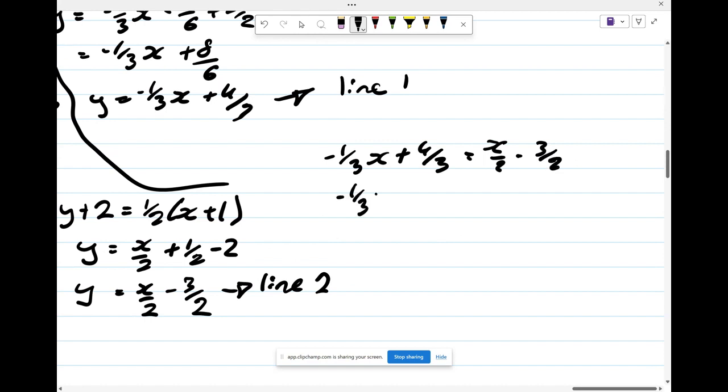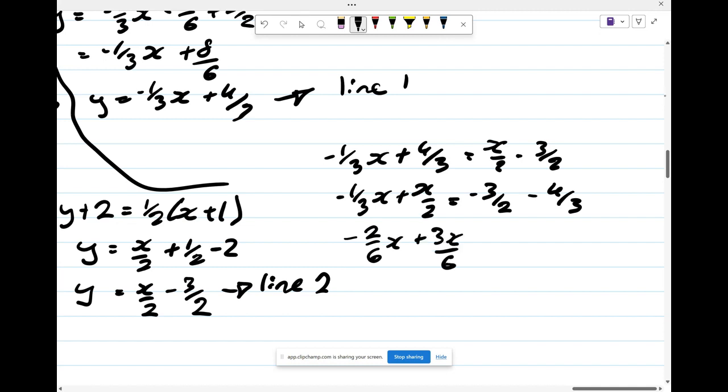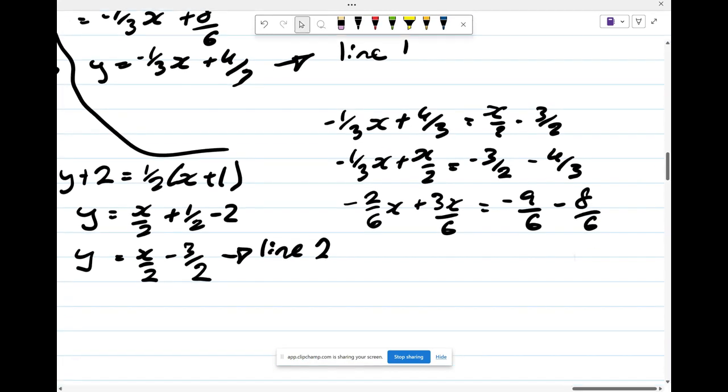So -1/3 x plus x/2 is equal to -3/2 minus 4/3. So that's going to be -2/6 x plus 3x/6 equal to -9/6 minus 8/6.